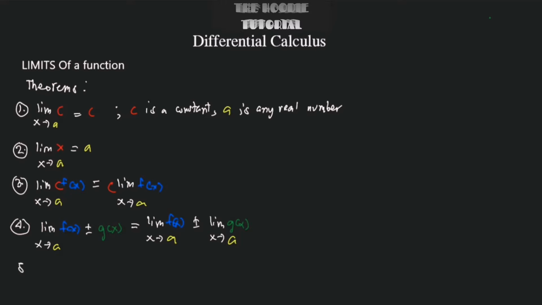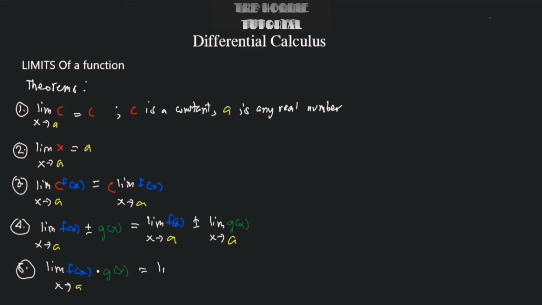Let's go to number 5. Number 5 talks about the product of two functions. How do we evaluate the product of two functions? Let's say we have two functions that are being multiplied, with x approaching a. Just like in theorem number 4, we have to evaluate each limit, but in number 5 you have to multiply them.